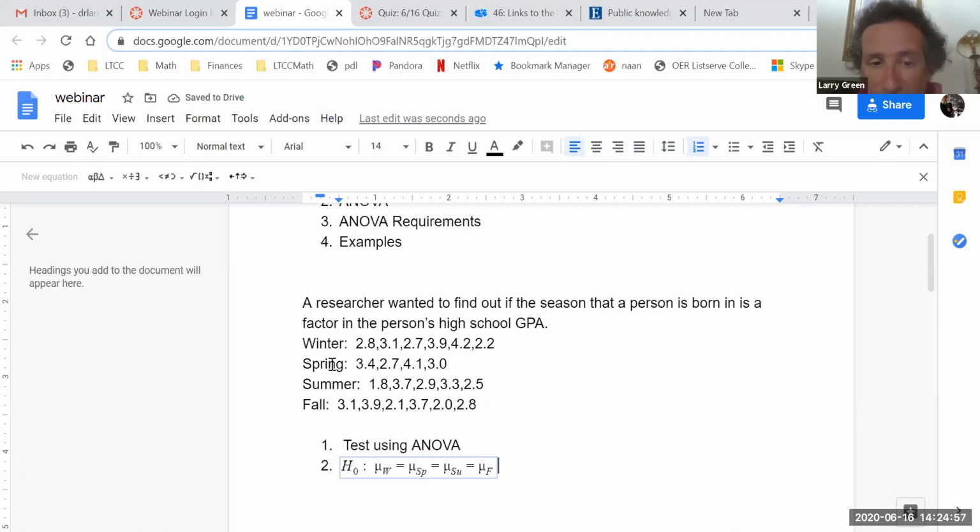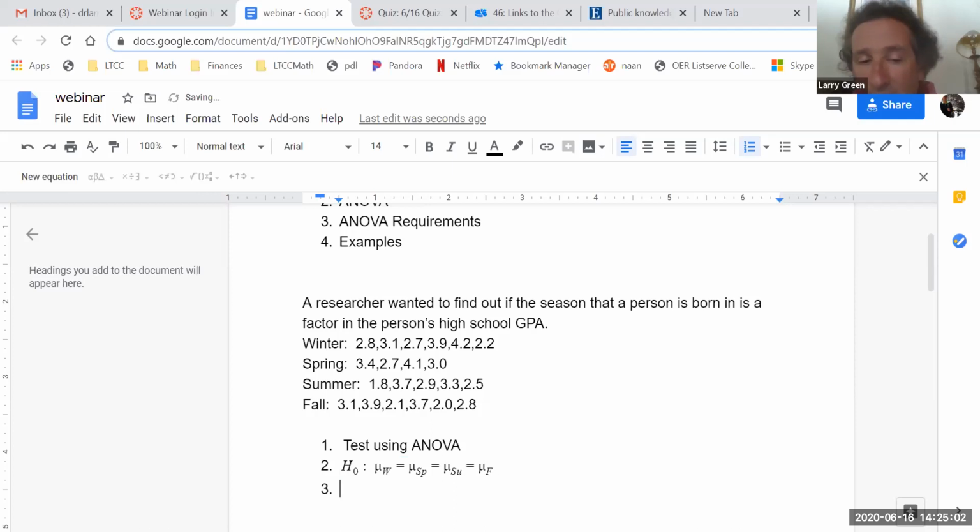So the null hypothesis is that the population mean for the winter is equal to the population mean for the spring, equals the population mean for the summer, equals the population mean for the fall. Any questions at all on writing down the null hypothesis?